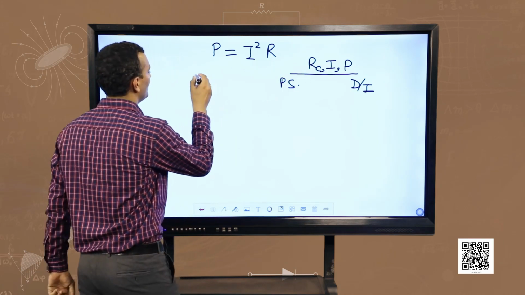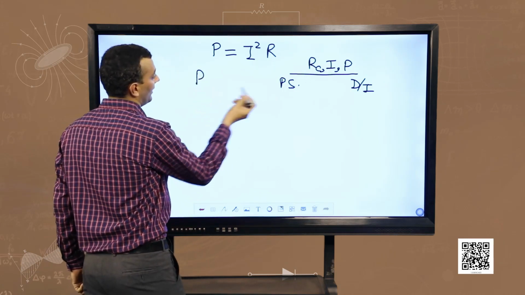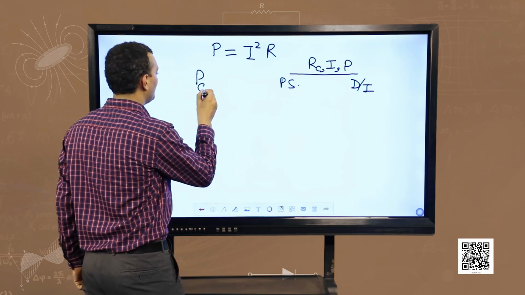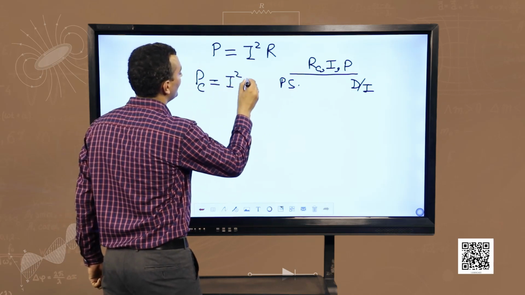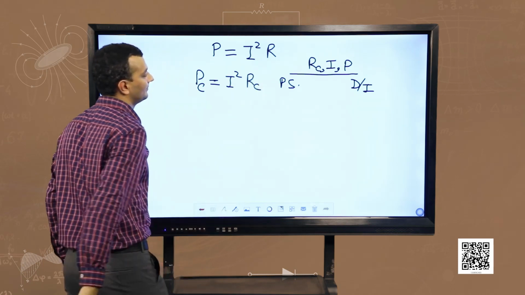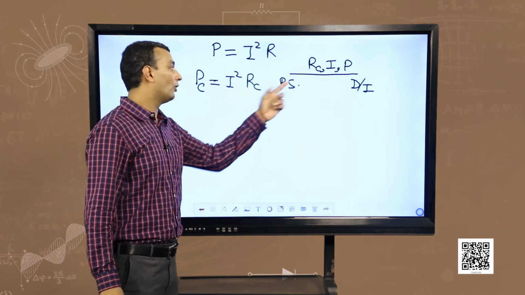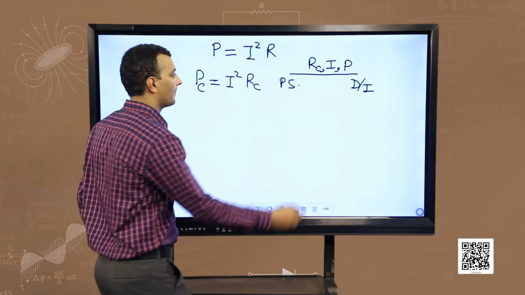Using this, we can find out the power dissipation in this cable. As this expression suggests, the power dissipated in the cable is PC equals I square RC. We can find out the value of I from this information.